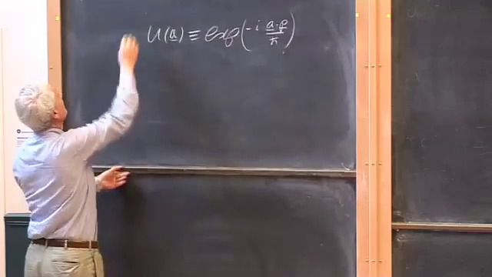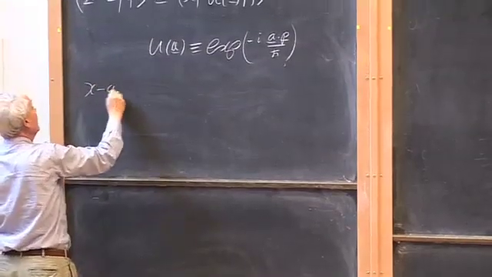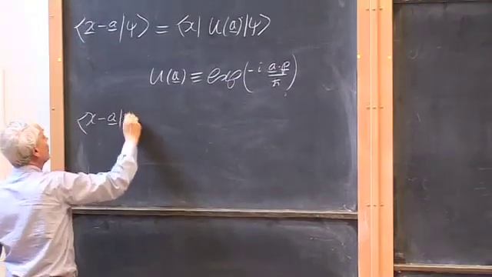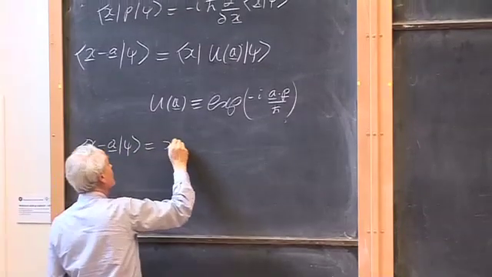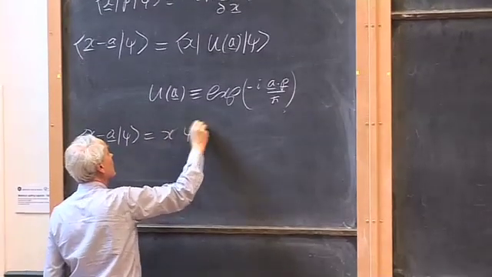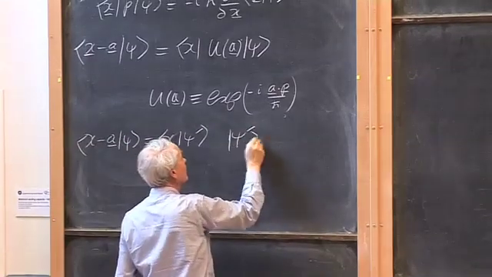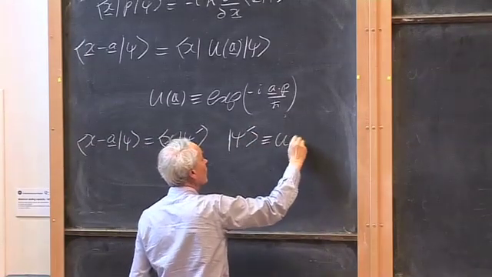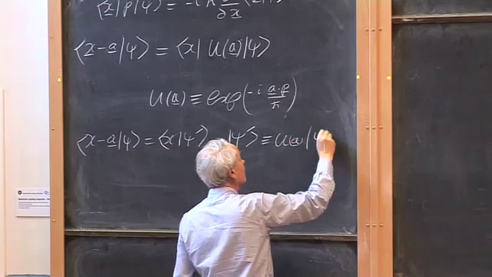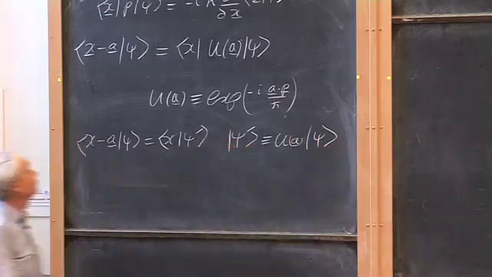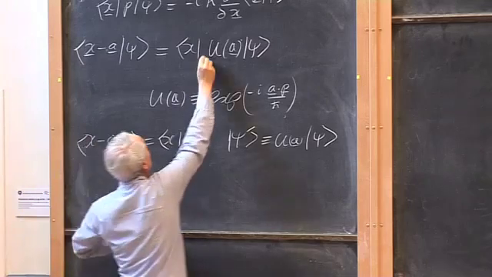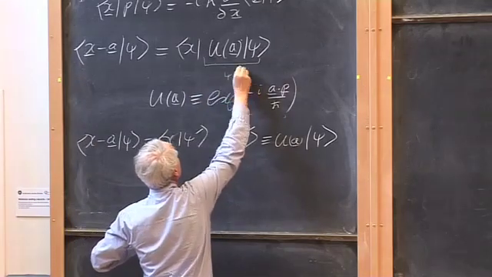This could also be written as x minus a on psi is equal to x on psi primed, where psi primed, the ket, is by definition u, the operator, operating on psi. Right? We've just called this thing psi primed.